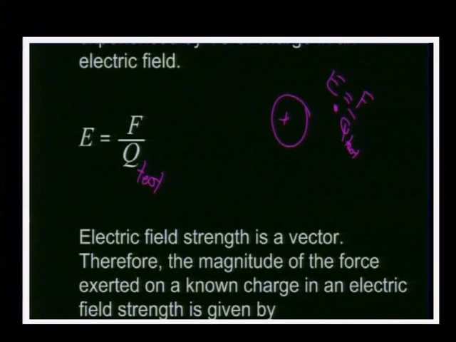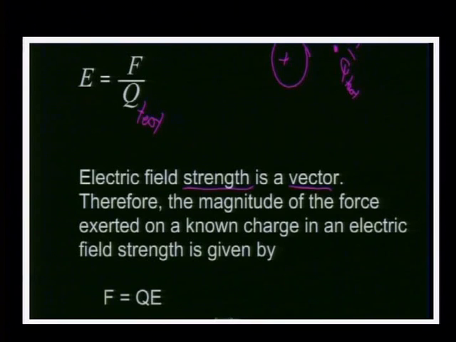The important thing is that electric field strength is a vector, so it has direction. That's why we made such a fuss of the field lines, because we could see they had a direction, a particular direction in which to go. So what we would recognize is that we need to work out the magnitude as well as the direction. And so often we have to say in which direction something's moving. We would say either towards or away.